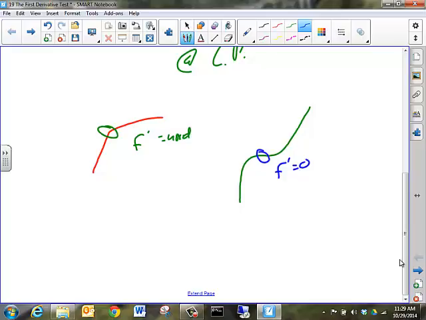Now, here's a trick question. Think about this, okay? Let's say we've got this, and maybe that is -4, and this is 7. On what interval is the function increasing? Or what interval(s) is the function increasing?